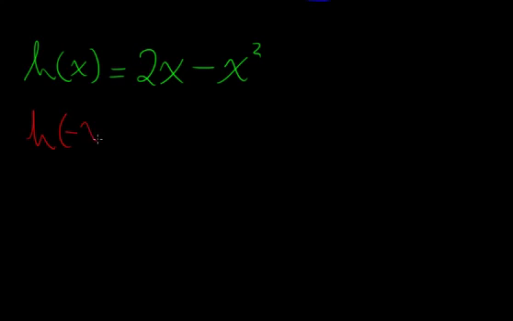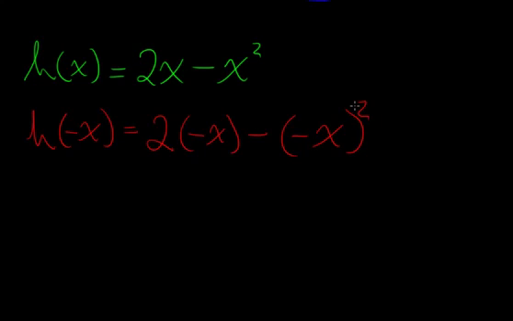H of negative x is equal to 2 times negative x minus negative x squared. Alright, so negative 2x minus x squared, because the squared term turns out to be positive.